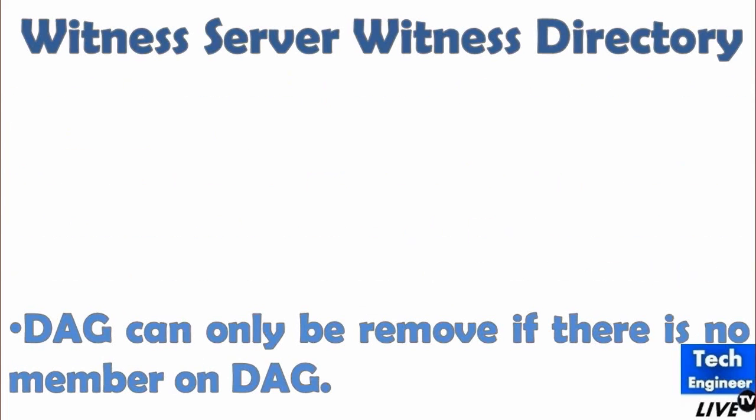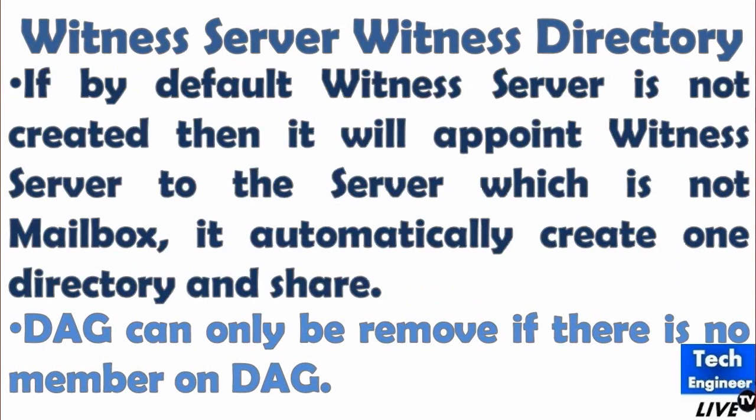Now the witness server, let's learn more about it. If by default a witness server is not created, then it will appoint the witness server to a server which is not a mailbox, where the mailbox role is not installed, and automatically creates one directory and creates the share.